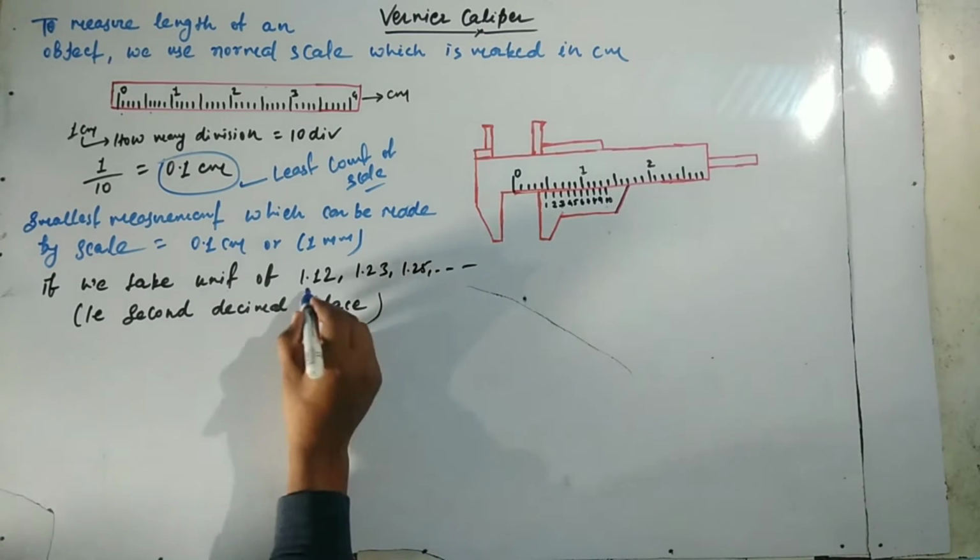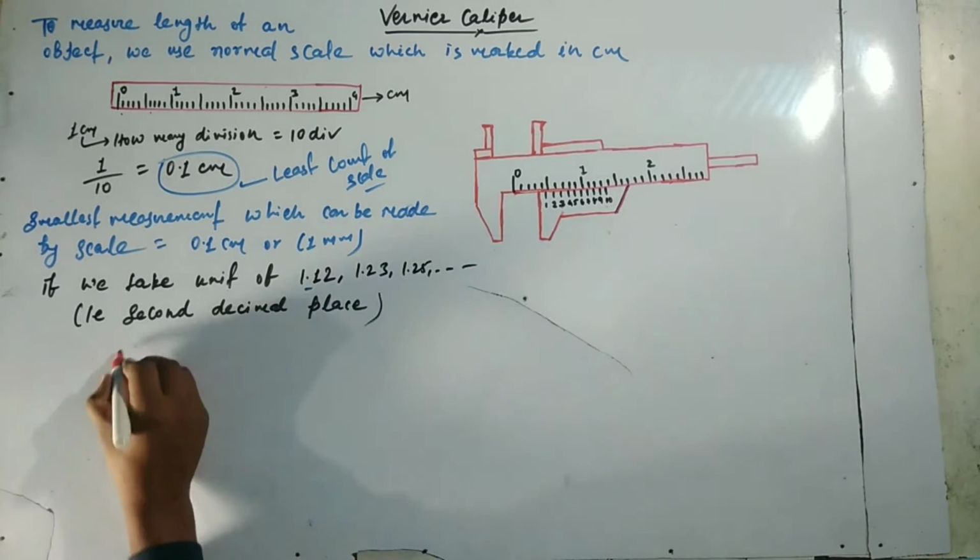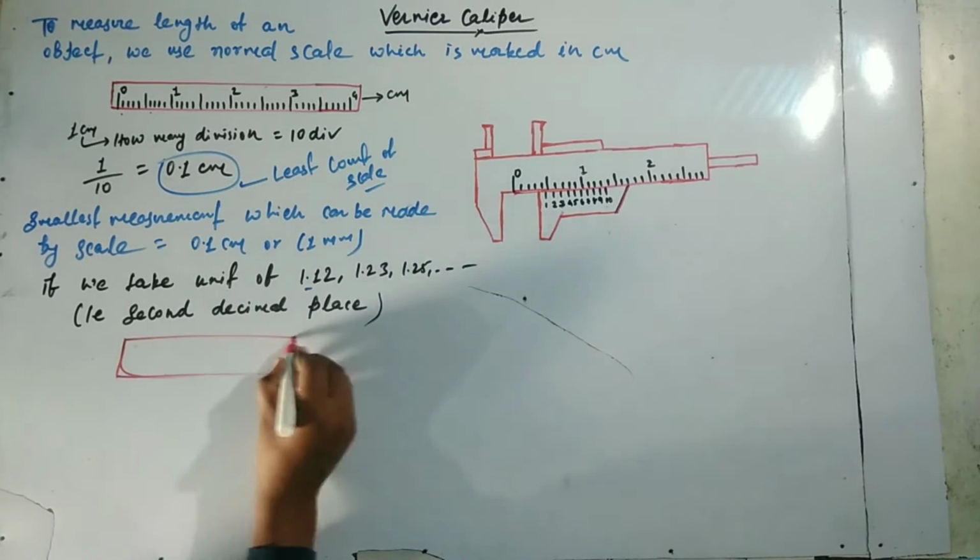So by the normal scale we can't measure second decimal place measurements.